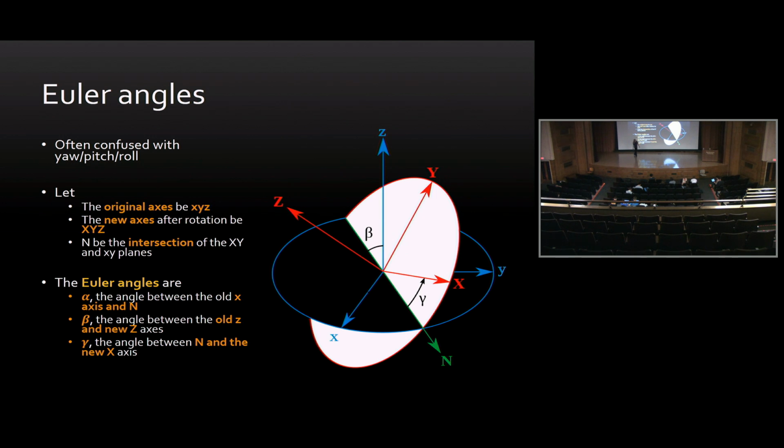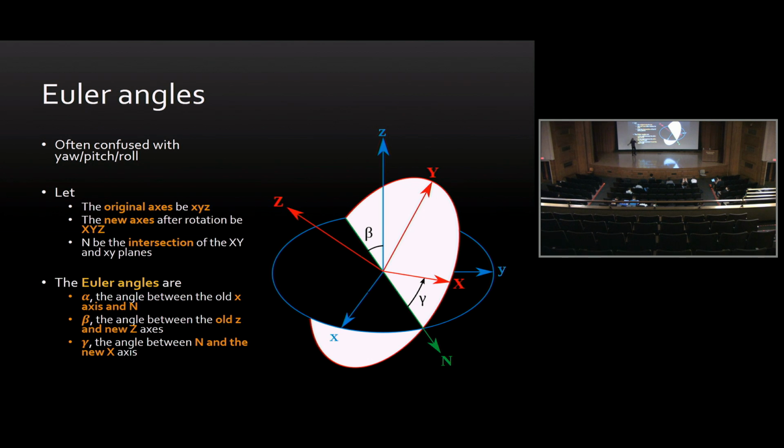Then there's an xy plane in your original axes and an xy plane in your new axes. Those two planes intersect with one another in a line. You call that line n.